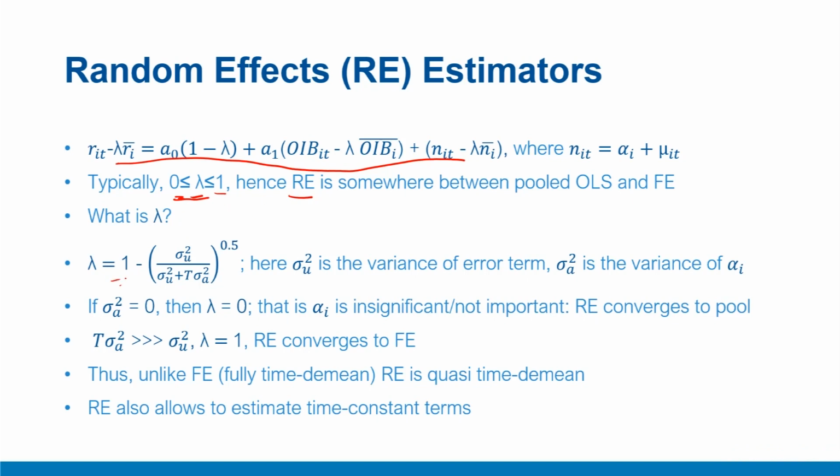The formula for lambda is 1 minus, sigma mu square upon sigma mu square plus T times sigma alpha square, whole to the power 0.5, where T is the number of time periods, sigma mu square is the variance of the error term and sigma alpha square is the variance of alpha i.